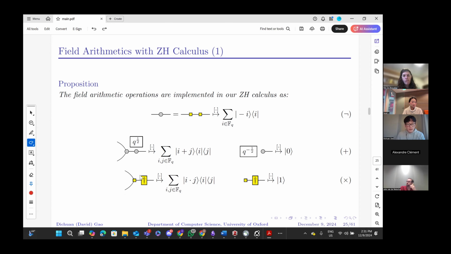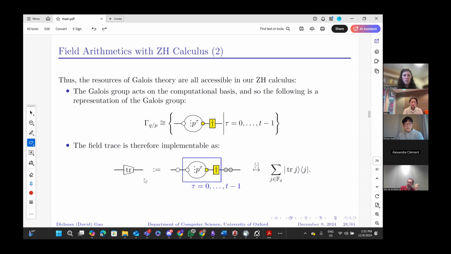Okay. So that's the field arithmetic. That already gives us access to pretty much all of Galois theory. So the Galois group acts on the computational basis. So you can think of this Hilbert space as a group representation of the Galois group.